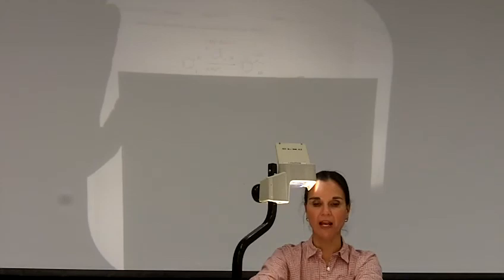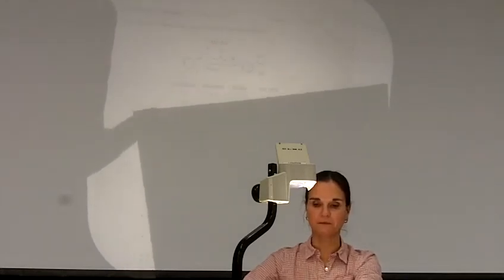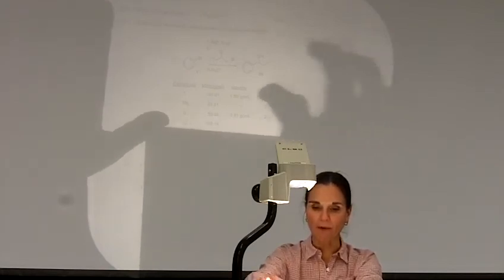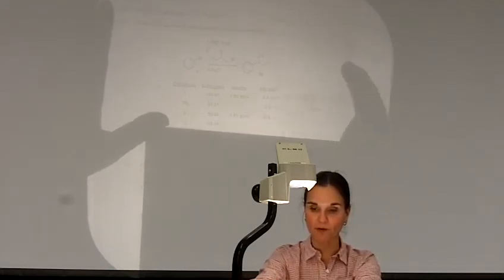What is the theoretical yield of alcohol in the reaction below? So here's our reaction. We're doing a Grignard again, okay? So I went through and calculated how many moles of each of these were used.